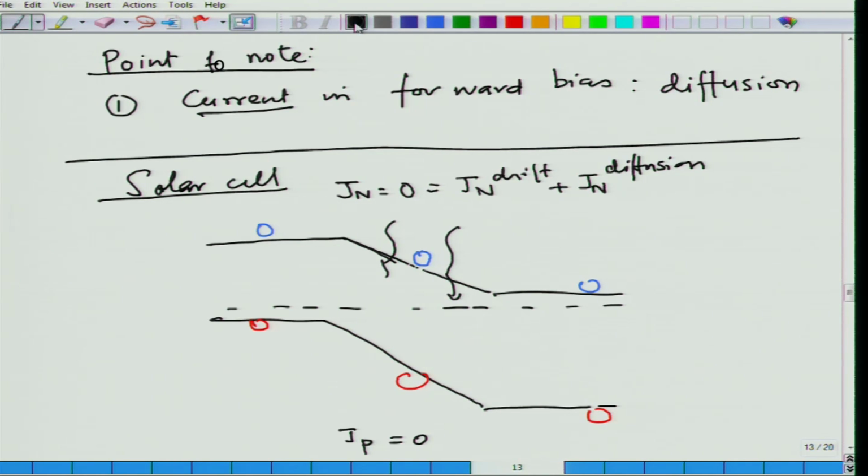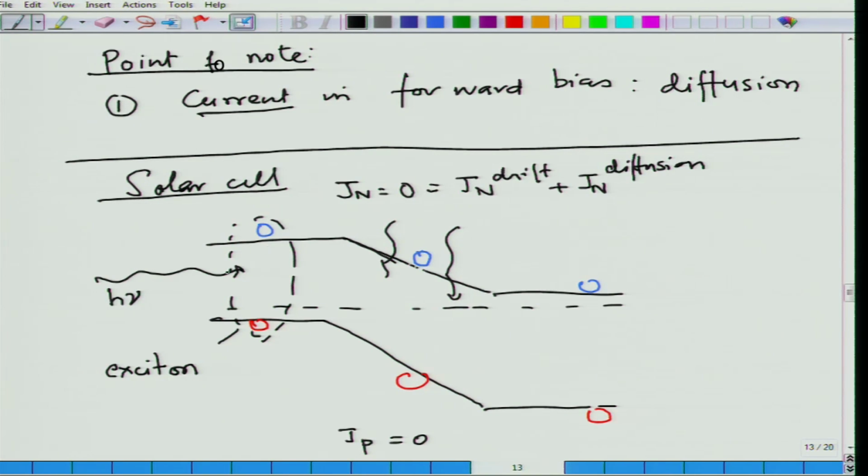So, we have seen earlier in the earlier module that when I bring in light of the right photon energy, then an electron which was in the valence band goes to the conduction band and leaves a hole behind. This situation is considered an exciton. These excitons can break and move in either direction.